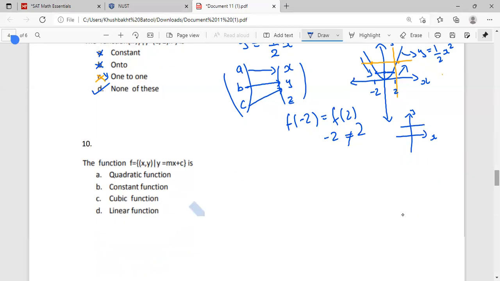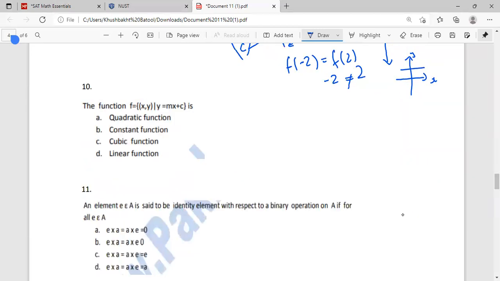Okay, now we have the function y equals mx plus c. Do not get confused by this part, just think of this part only, mx plus c. Now this is the equation of a straight line and c is the intercept, and it is a linear function, so clearly D would be the answer because the power of x here is 1.